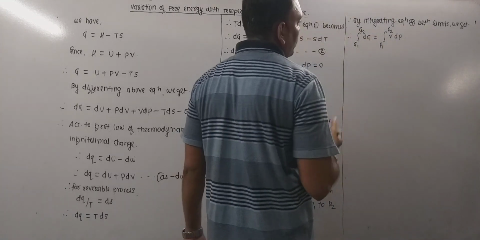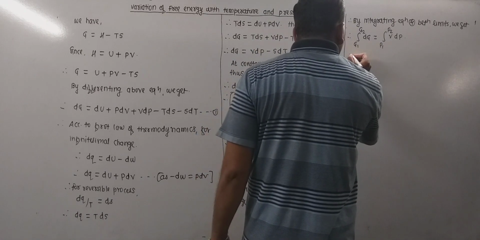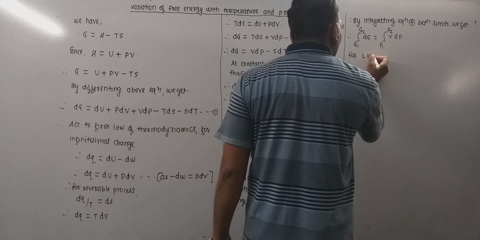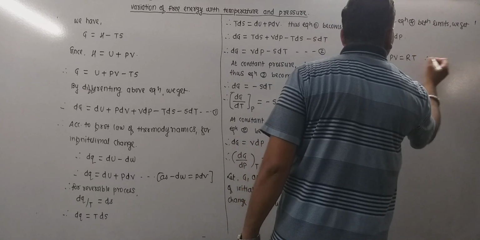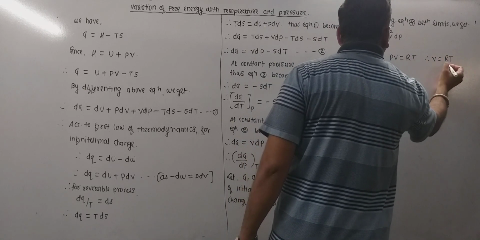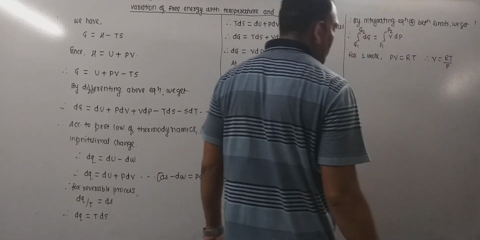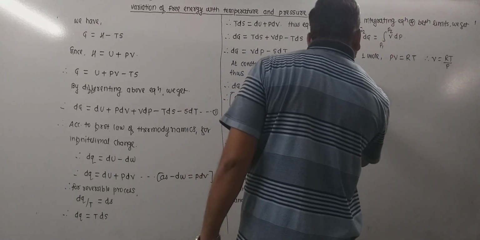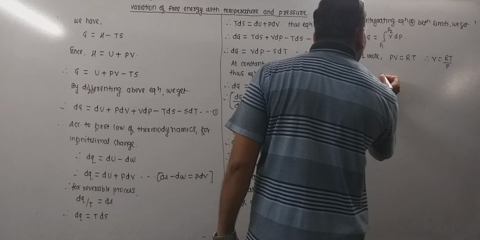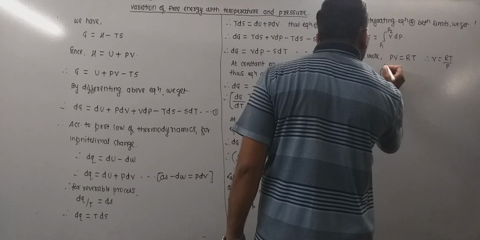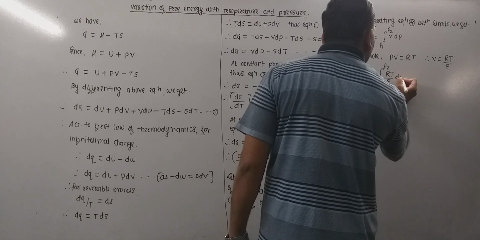Now this is for 1 mole. What is the ideal gas equation? For 1 mole, one can write PV equals RT. Thus V equals RT upon P. When we substitute this, the integral from G1 to G2 of dG equals the integral from P1 to P2 of RT upon P dP.